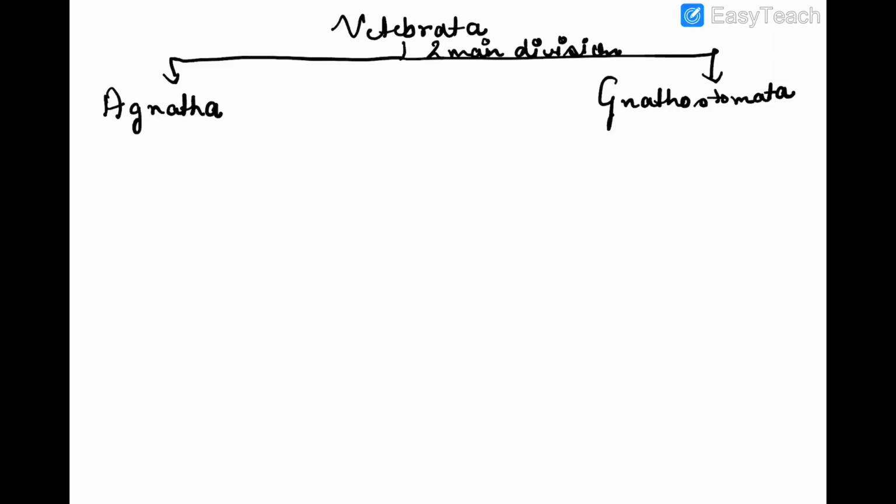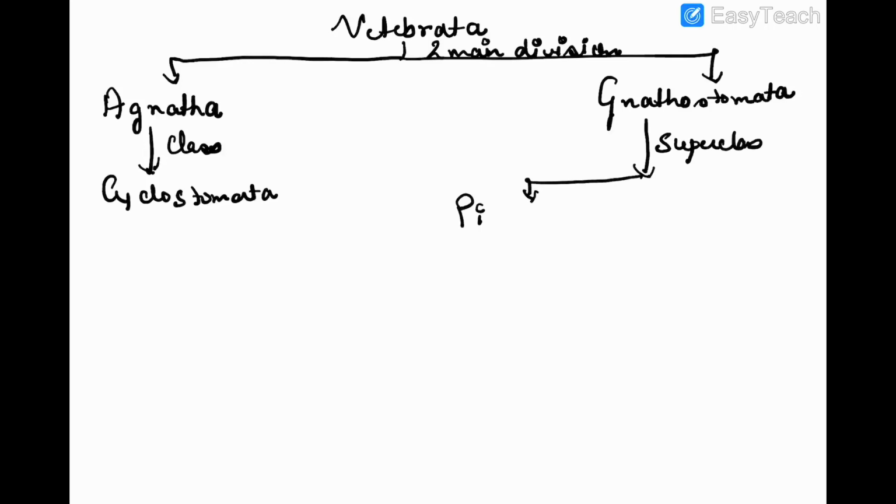The division Agnatha includes class Cyclostomata, and division Gnathostomata includes superclass Pisces and Tetrapoda.